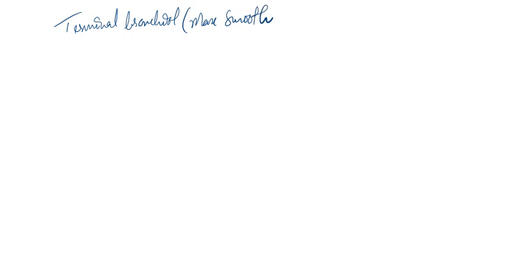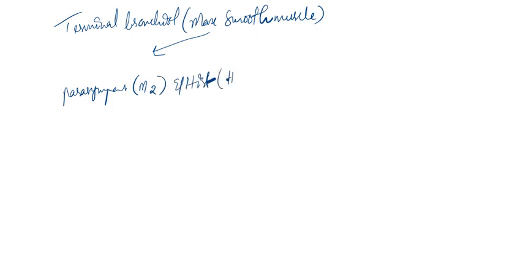Now if the parasympathetic system is initiated, for example, I'll write here, parasympathetic system is initiated, that is due to activation of M2 receptors and histaminic receptors, that is H2 receptors. Then what happens? If parasympathetic activation occurs, what happens?